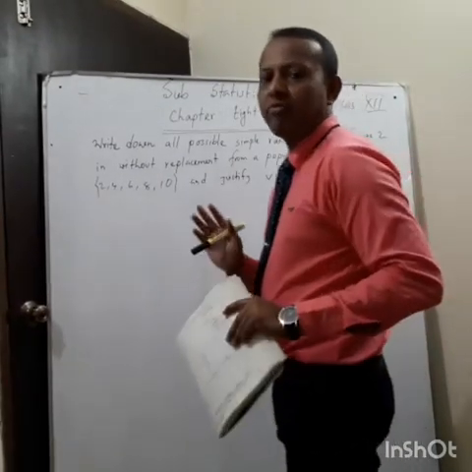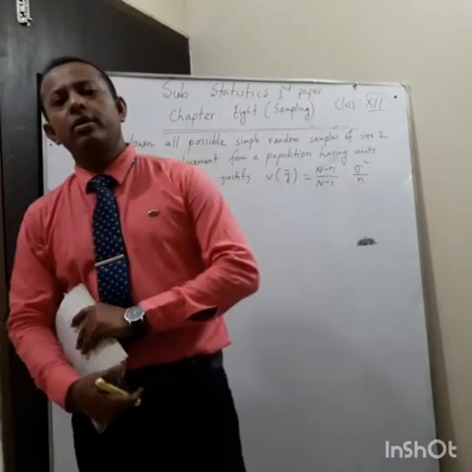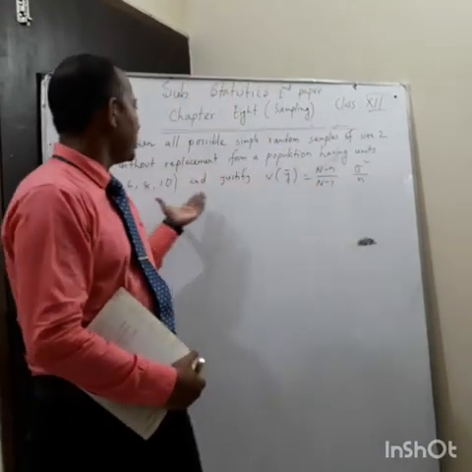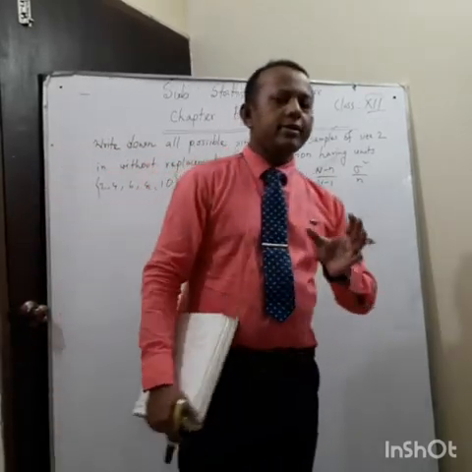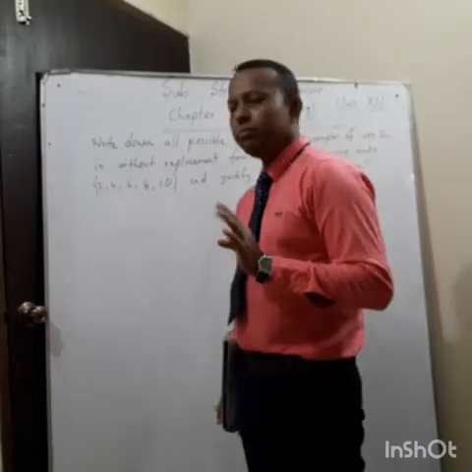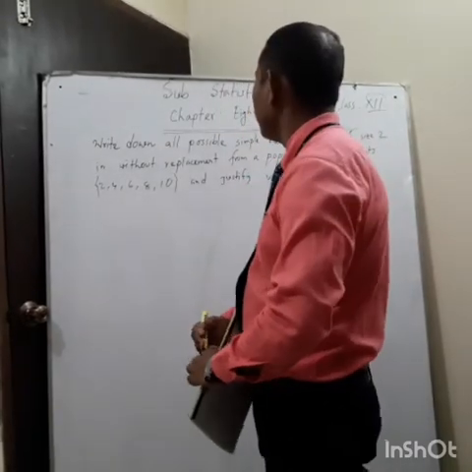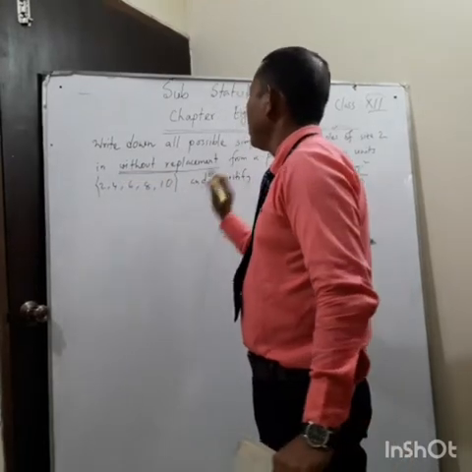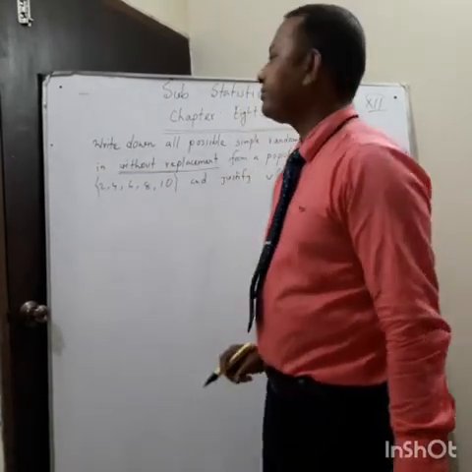Firstly, we have to write down the possible samples from the population, and the size of the sample is 2. And the system mentioned here is without replacement.